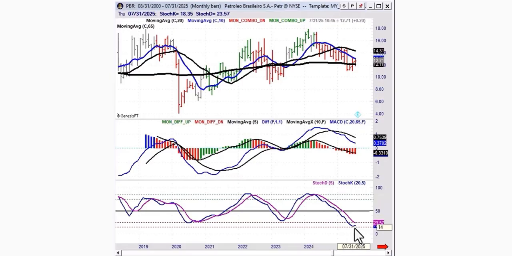But notice we are very much oversold on the monthly chart in PBR, very similar to where we were back in 2020 and also back in 2023. So let's keep an eye on this. Maybe this month or as we trade into August, we will see the %K in PBR cross back above %D and clear the way for higher prices moving forward.